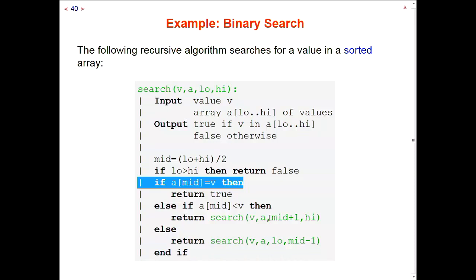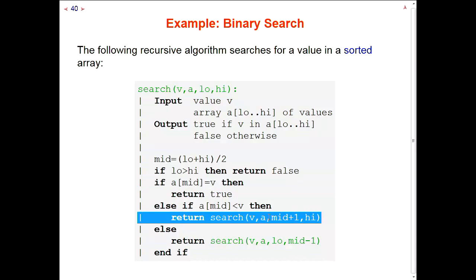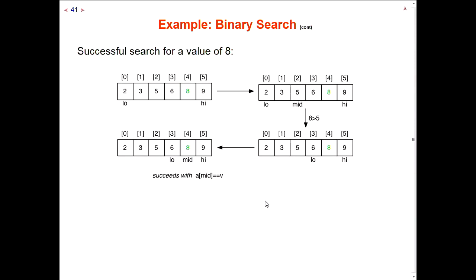That's what we have here. And if your element is not greater than the middle element, it's actually smaller, because it's also not the same. Then you're searching in the lower half of the search space. Let's see how that actually works.